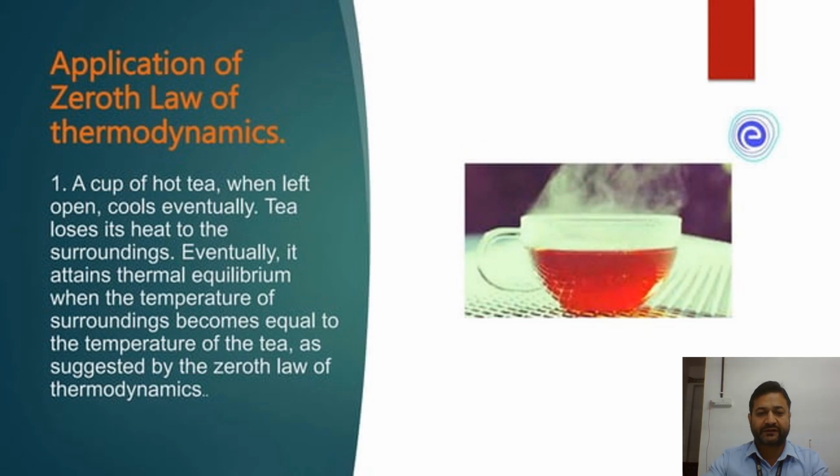We have already studied the term heat. Heat is directly proportional to delta T, that is change in temperature. So when we increase this delta T, your heat is going to increase. If we decrease the temperature, then automatically your heat is going to be released or reduced.